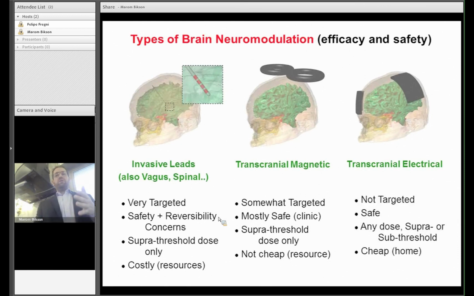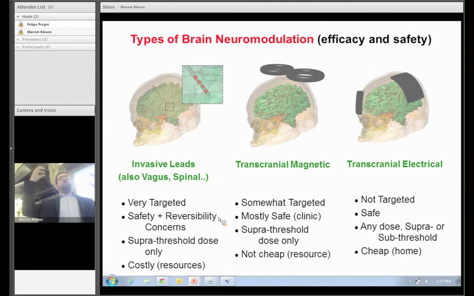Now, transcranial electrical stimulation, and I really mean low intensity here, the 9-volt battery type, not the ECT type. This has a lot of advantages as far as simplicity, tabletop. One day you could even imagine people taking it home, though certainly not today. But the main issue is that it's not targeted, and I just showed you a few examples of that. If you put an electrode here and here, the current is going to flow through most of the brain.